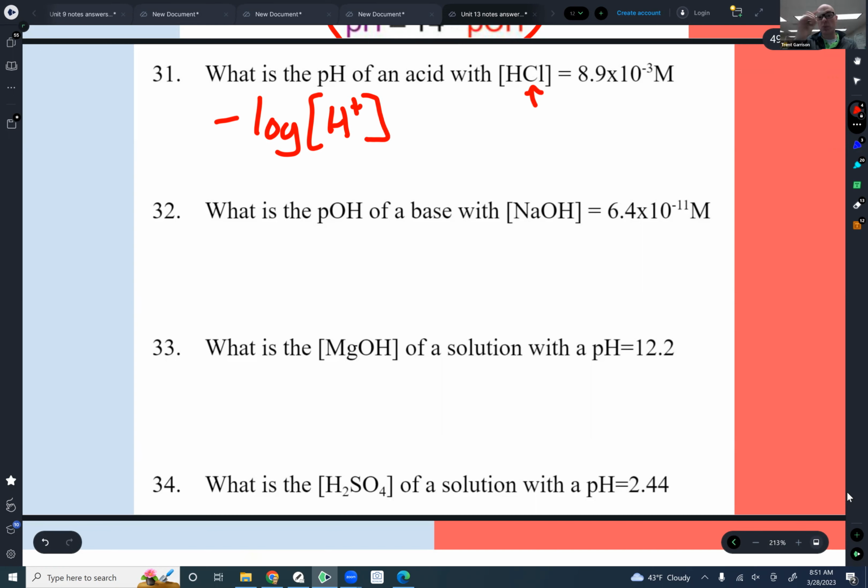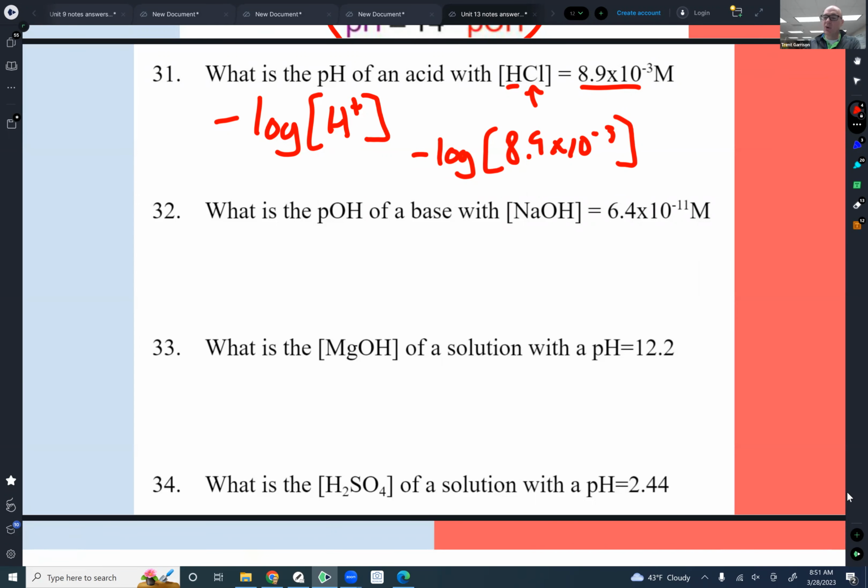It will dissociate 100%, meaning that that concentration is also the concentration of the hydrogen. So I have negative log of 8.9 times 10 to the negative 3. Plug that into your calculator, and what you get is 2.05.